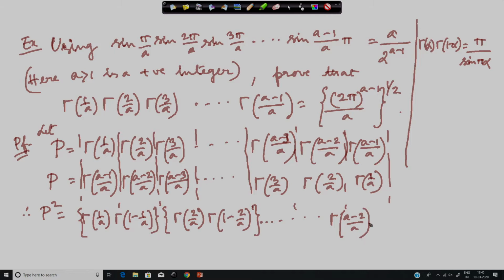You see, I can write it as 2 by a, and I can write it as 1 minus a minus 2 by a. Similarly, the last pair can be written as gamma a minus 1 by a, gamma 1 minus a minus 1 by a.